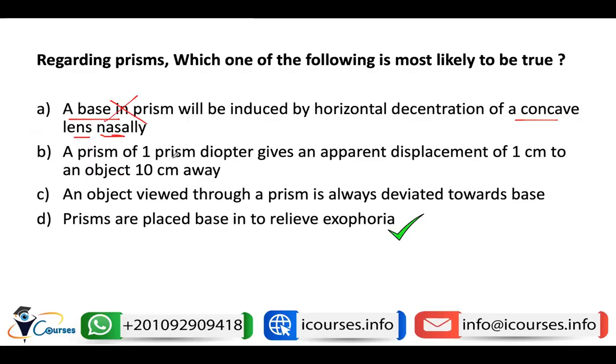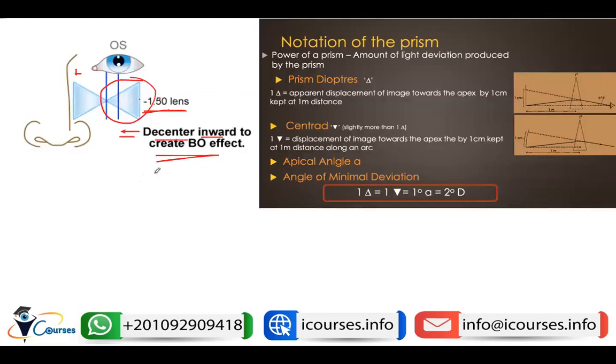A prism of one prism diopter will give an apparent displacement of 1 centimeter to an object at 10 centimeters away. No, it will give 1 centimeter displacement of an object placed at 1 meter away. As you can see here, the object is placed at 1 meter, resulting in displacement of 1 centimeter.